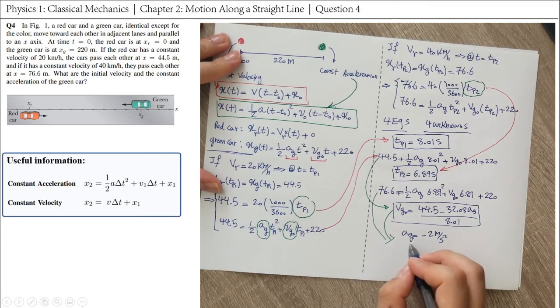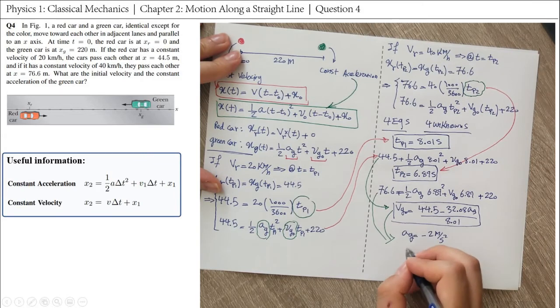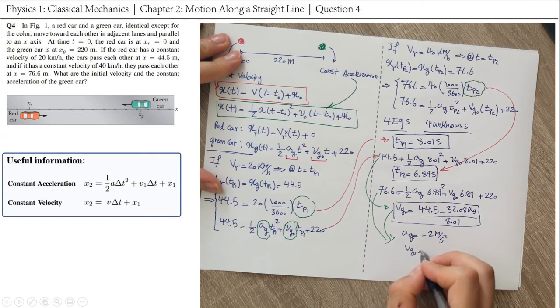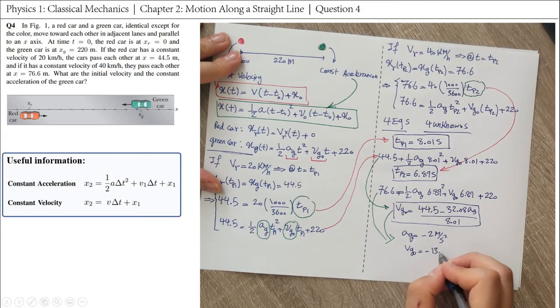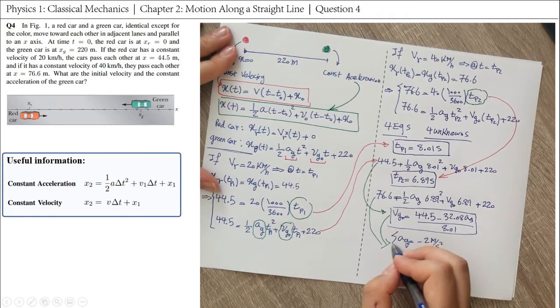Okay, now that I obtained AG, I can plug it into this equation and obtain VG naught as minus 13.9 meters per second. Okay, and that's it.